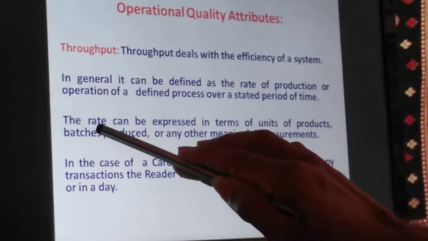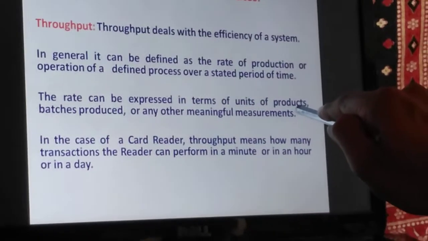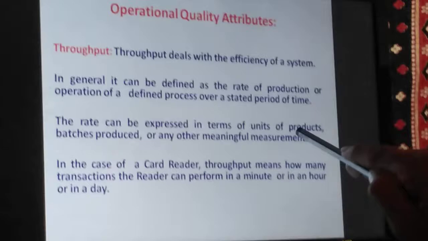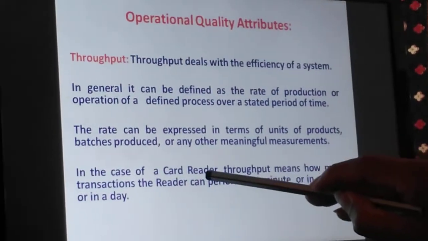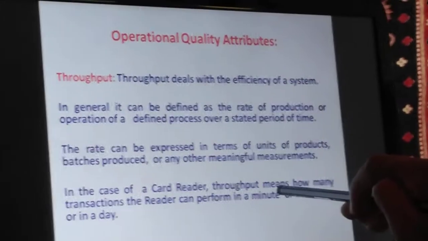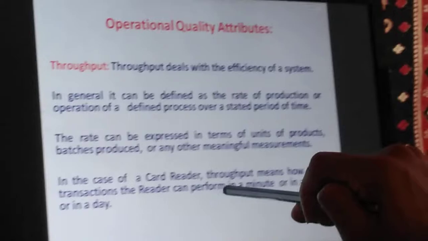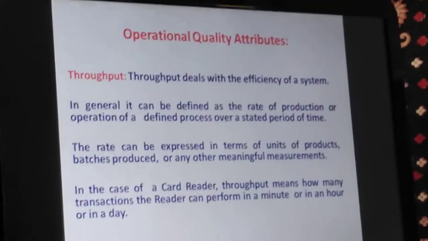The rate can be expressed in terms of units of products, batches produced, or any other meaningful measurements. In the case of a card reader, throughput means how many transactions the reader can perform in a minute, in an hour, or in a day.